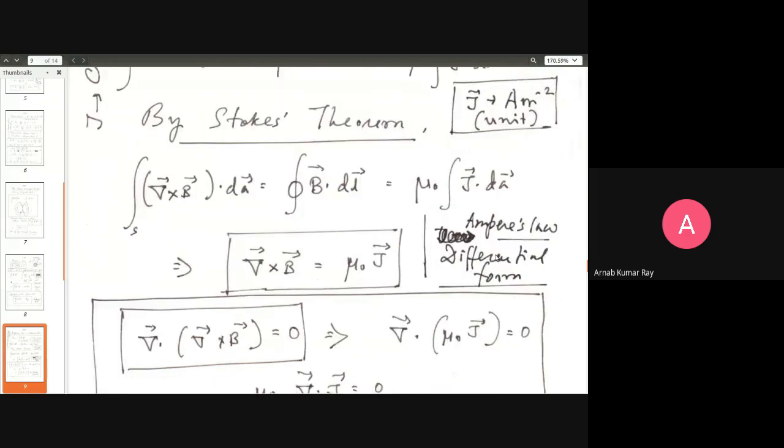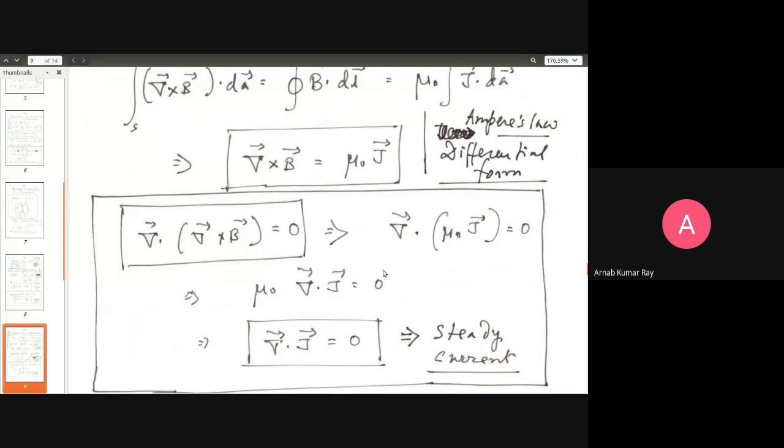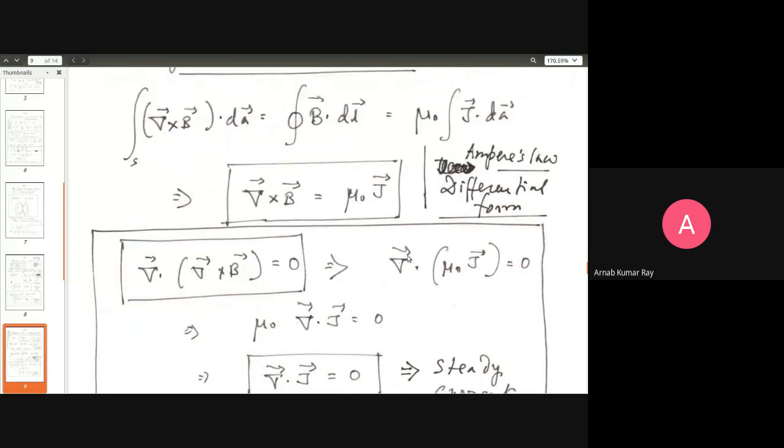So this is Ampere's law in differential form. You can immediately think of Gauss's law in differential form, which is divergence of E is equal to rho by epsilon naught. So immediately you will see that the divergence has been replaced by a curl.